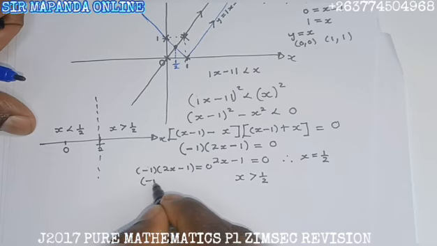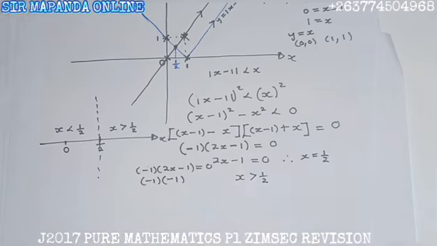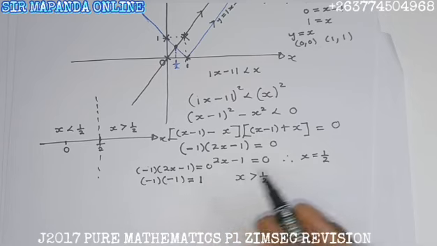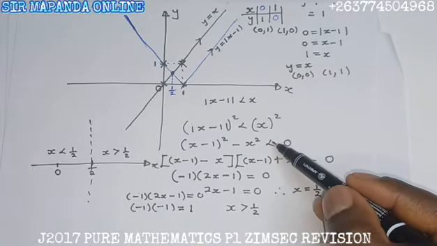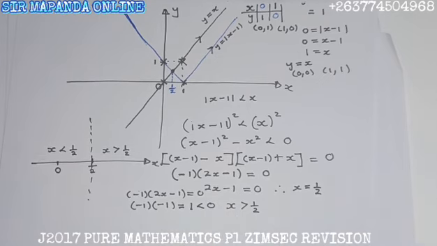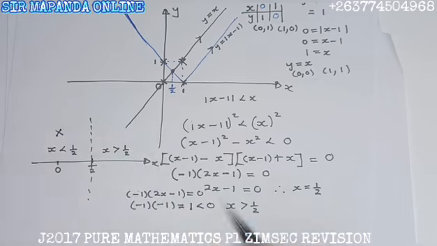Putting 0 for x, you have minus 1 in the second bracket and 2x disappears. Minus 1 times minus 1, you get 1. According to the inequality, we have less than 0. So for 1 to be less than 0, it's false. So this region is not true.